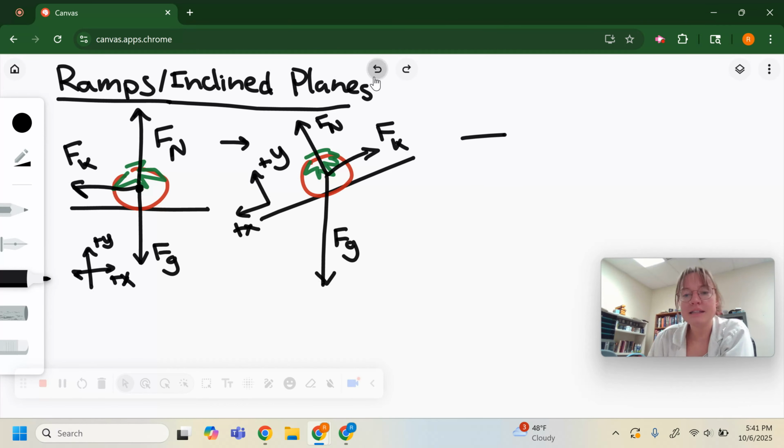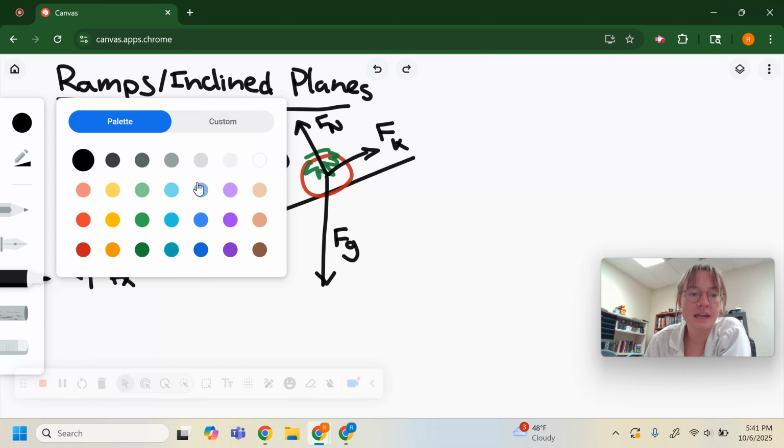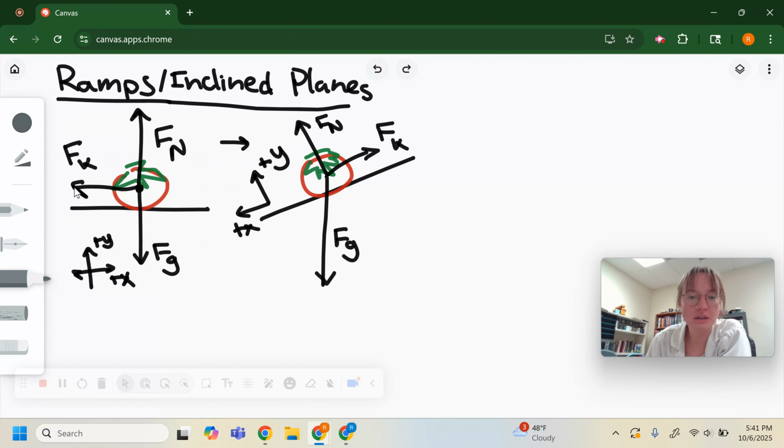Let's go ahead and take a look at the lengths of each of these vectors. The first thing we have to look at is the x and y components of the weight.